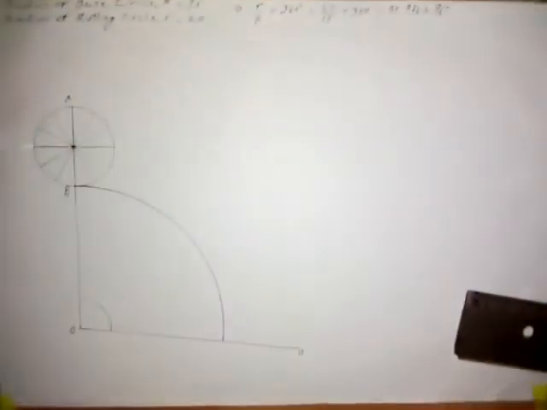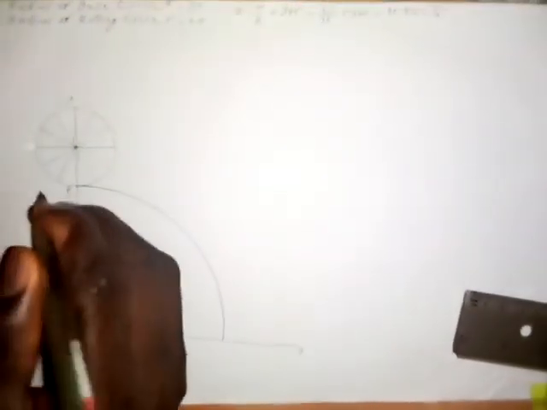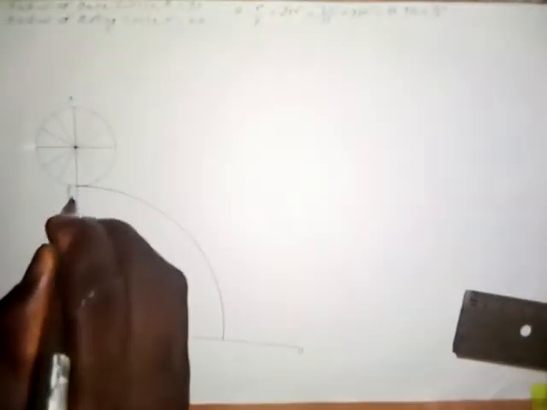Okay, so after doing this, the next thing I'm going to do is to number these points on the circle. So the circle is rolling in this direction. It means that this is point 1 if this is 0.